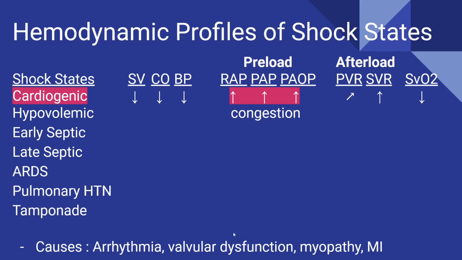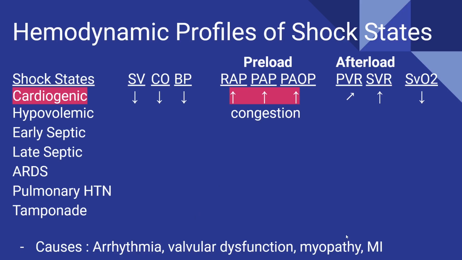So these big three or four things are going to cause congestion. The big thing with cardiogenic shock that I think about when I'm taking exams and doing questions is congestion. We're not able to get out the volume we need, so it's backing up.